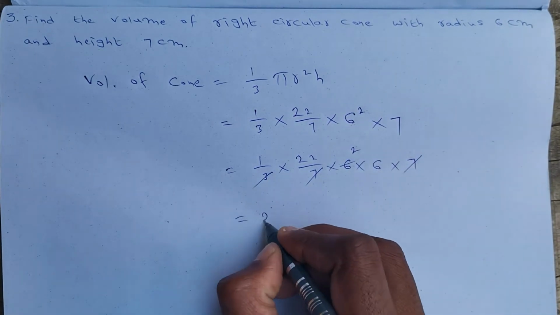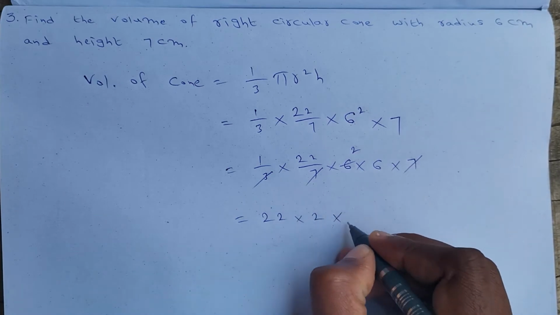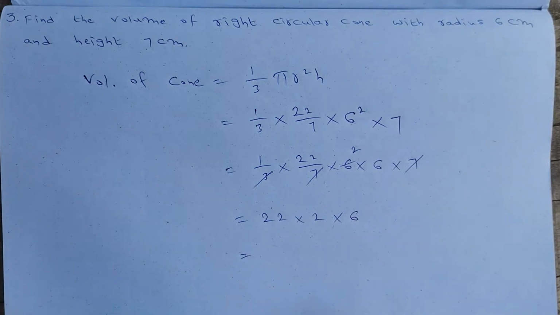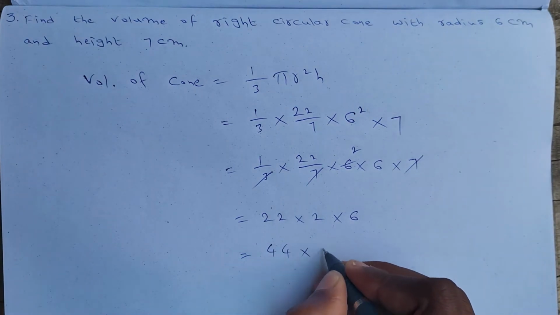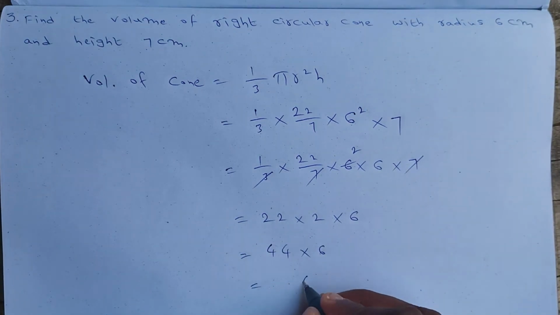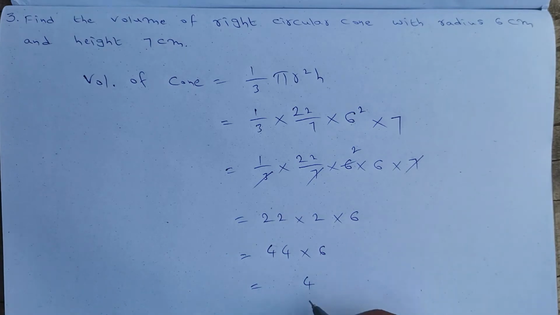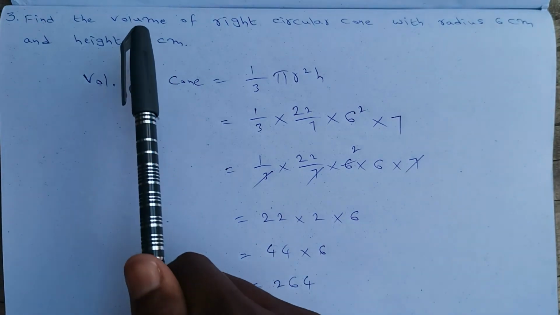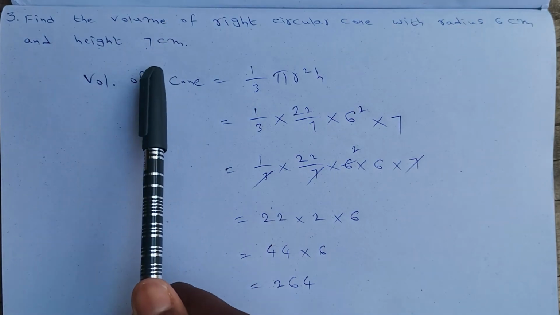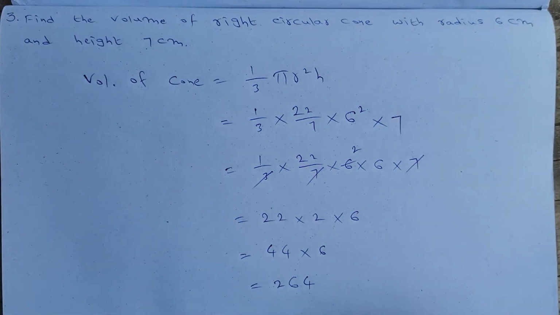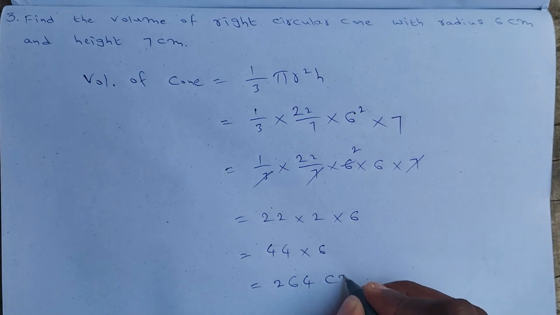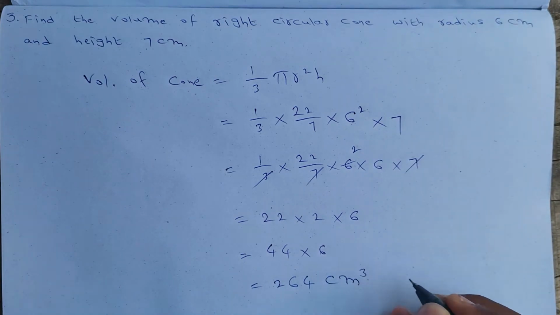So we remain with 22 into 2 into 6, which is equals to 22 into 2, 44, times 6. 6 4s are 24, 4 2 carry, 6 4s are 24 plus 2, 264. Here we are finding volume and the measurements are in centimeters. So the volume of the cone will be equals to 264 centimeter cube.